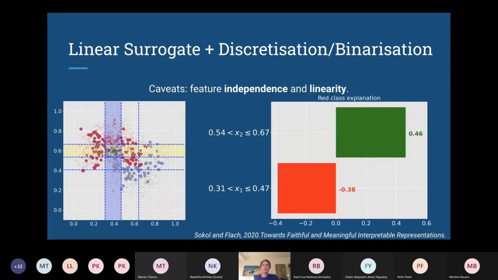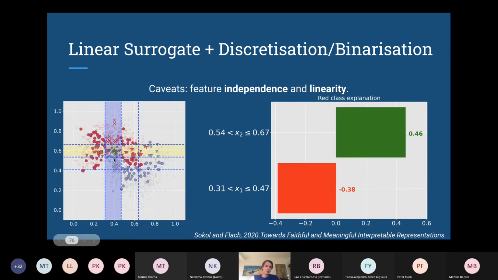This is an example of a surrogate explanation for tabular data. And you can see that we use the regions, so the splits that we generated originally, and we try to convey whether being in this region on both the x-axis and the y-axis independently has positive or negative influence for predicting red class. So for example, for the green instance here, being in the region on the x-axis between 0.31 and 0.47, so here, has negative influence on predicting red class.